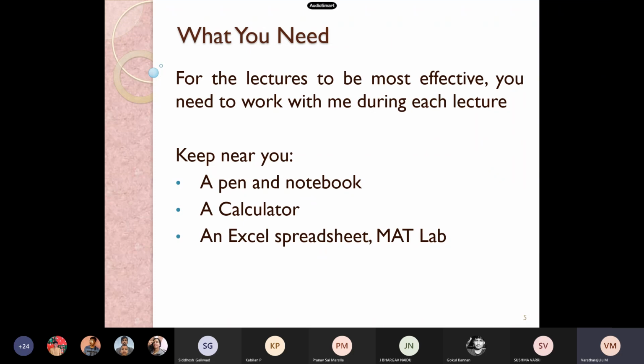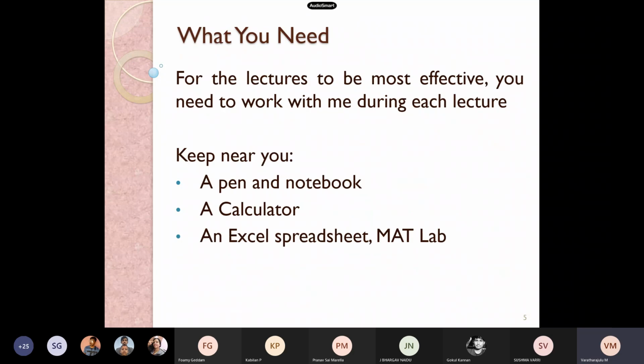A calculator which has matrix and integration operations would be better. You can even opt for some other calculator, but my suggestion is fx-991 MS or ES. And we are going to work with Excel spreadsheet and MATLAB, and you need these in order to have a very good, effective session.